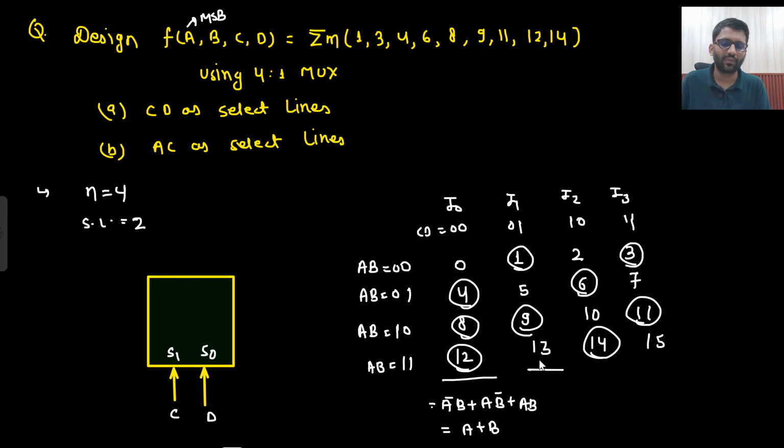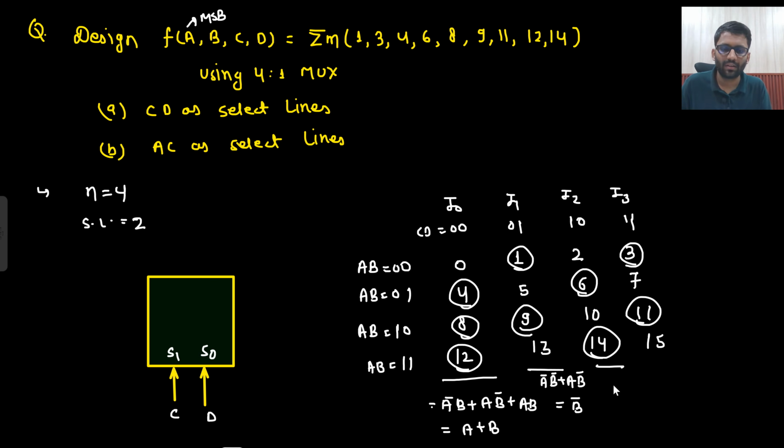What about this? This would be A bar B bar plus A B bar. So it would be B bar only. What about this?